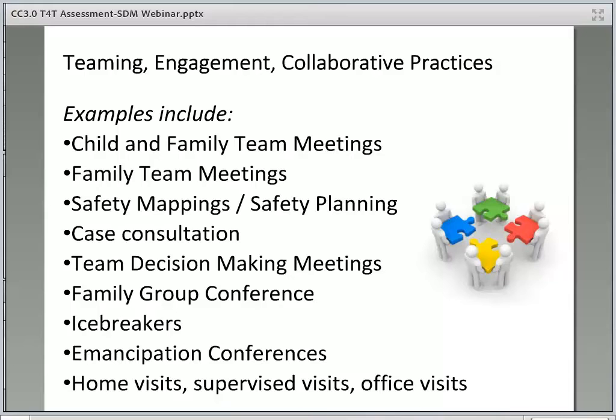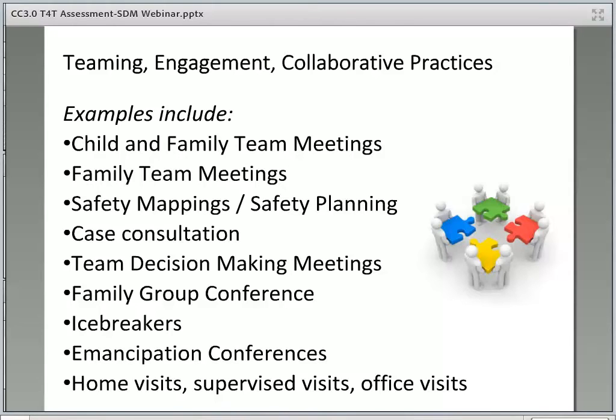Relationships are the most significant factor in promoting child safety, permanency, and well-being. The words we use matter. Building a series of shared agreements over time to reach larger goals requires that we share some common language. The more the information is effectively organized among all the key people involved, the more likely it is that effective decisions can be made. And this is at the heart of teaming practices.